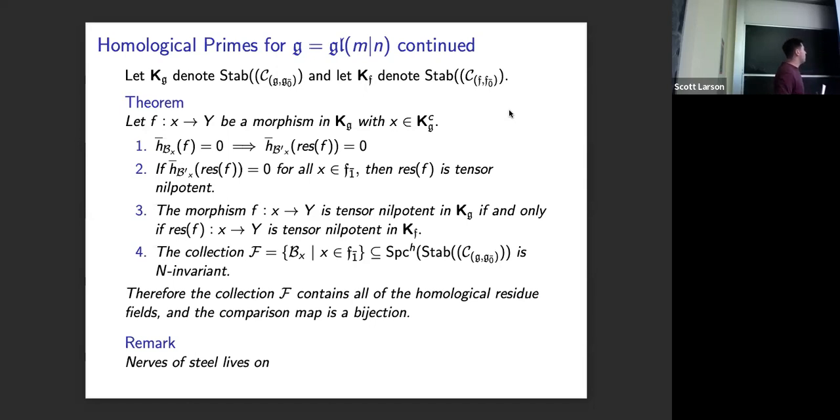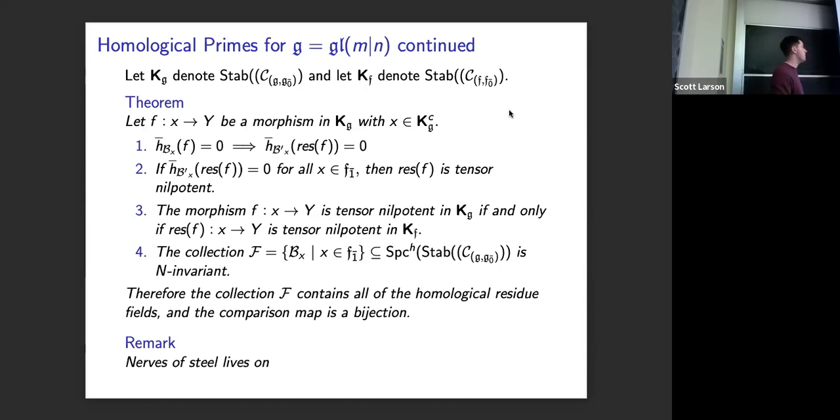But the second thing that we were able to show is that if H bar B prime of X of the restriction to F is 0 for all X in F1, then the restriction to F had to be tensor nilpotent. That's directly applying Balmer's nilpotence theorem in our setting. The new part, and the hardest part, was showing that a morphism is tensor nilpotent in KG if and only if its restriction is tensor nilpotent in KF.